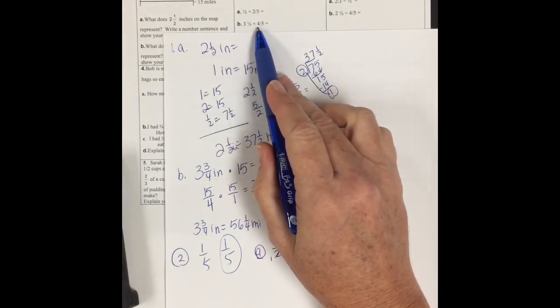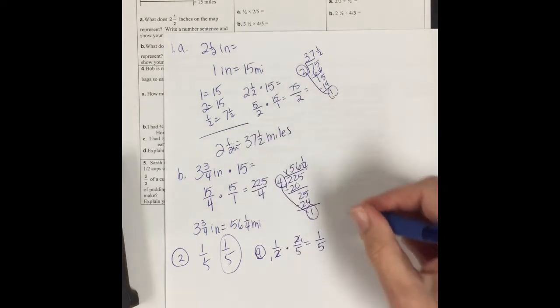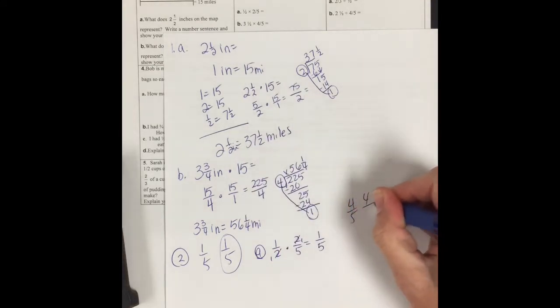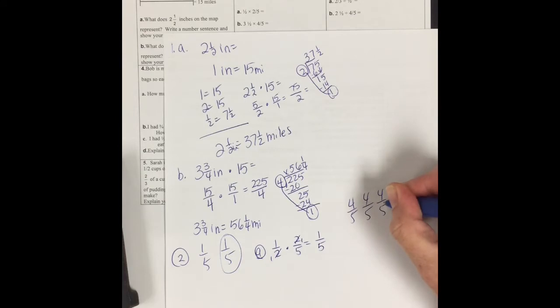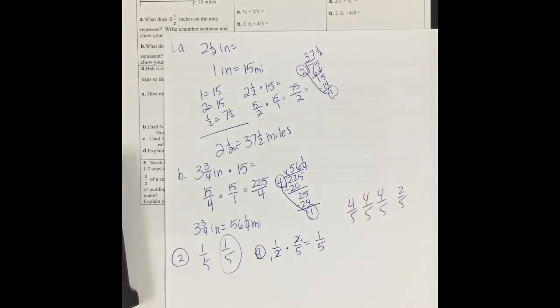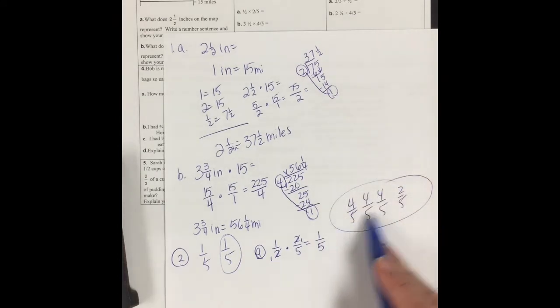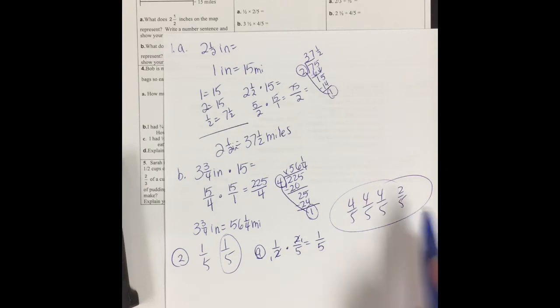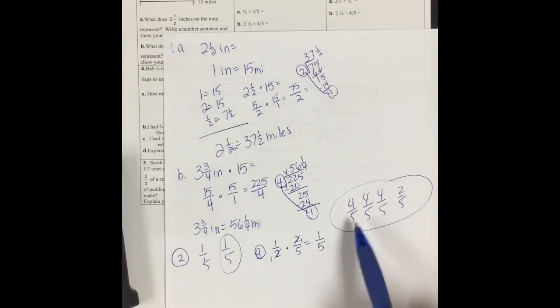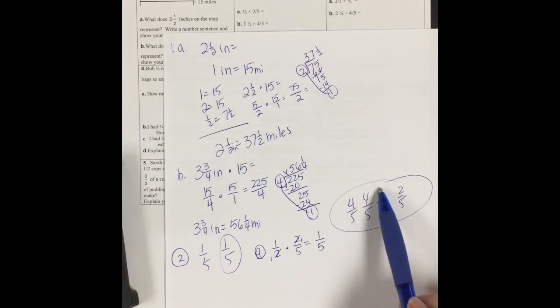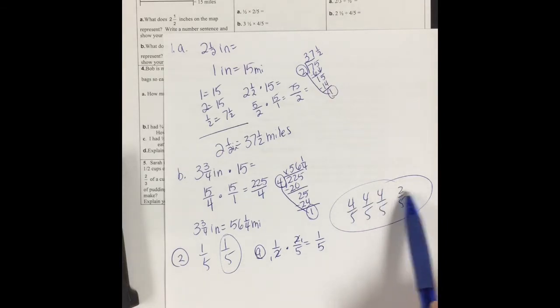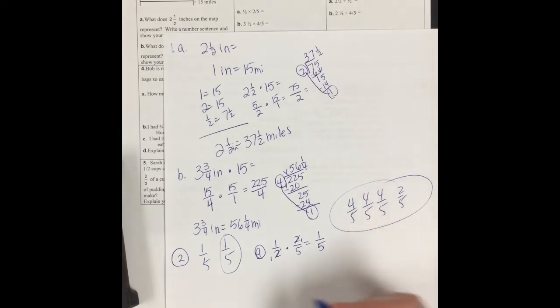B, 3.5 of 4/5. So I'm going to have visually, if I think about it, 3, and then a half of that would be 2/5. I have 3.5 4/5, right? So I'm going to look at this and say, well, that's 14 fifths. That's about 3. So I'm going to say my estimate's 3. It's going to be a little high, but we're going to see.